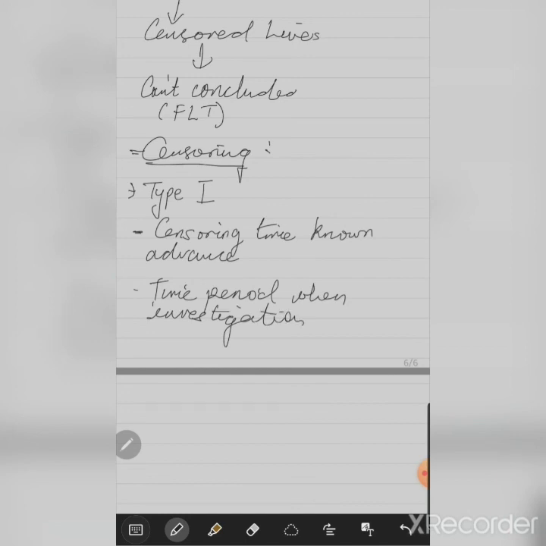So here we're saying that type 1 censoring is present in the data.